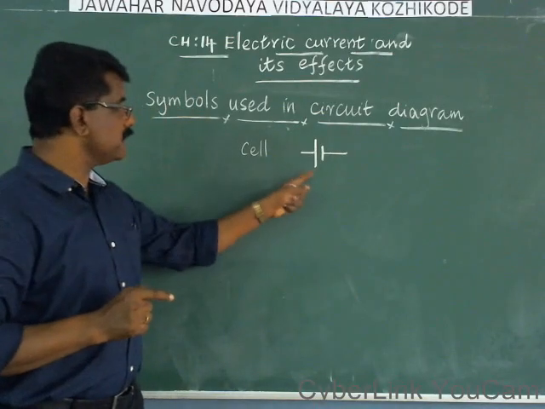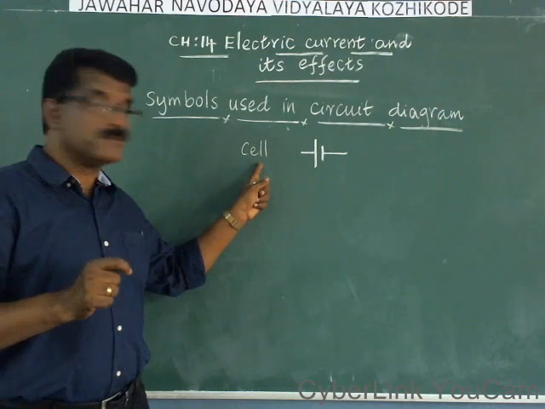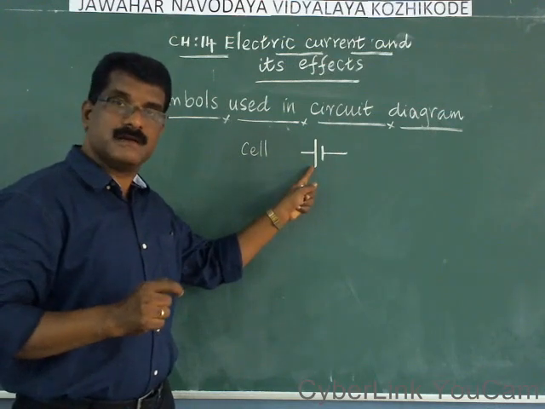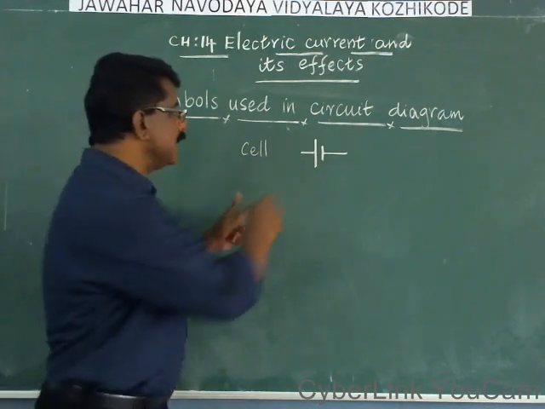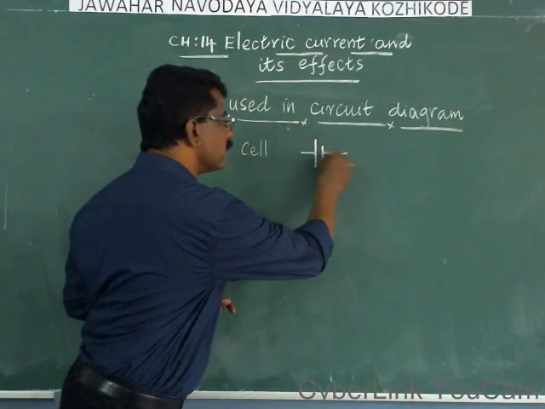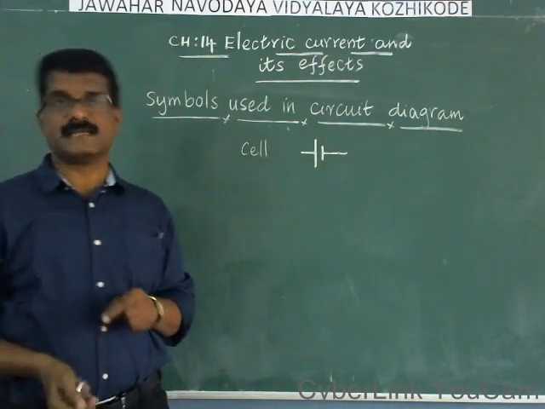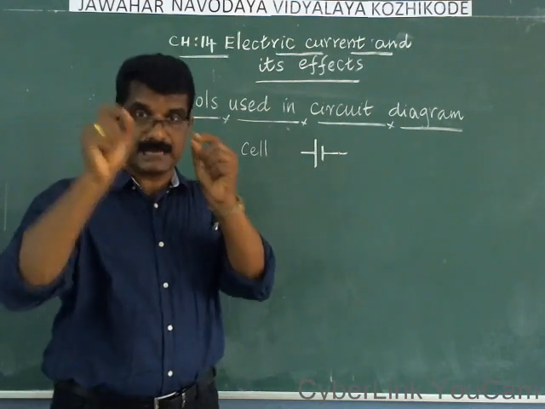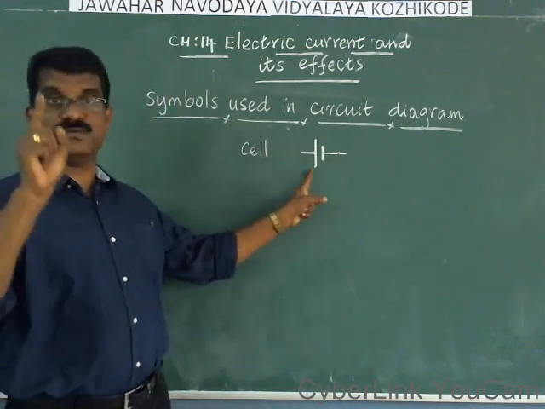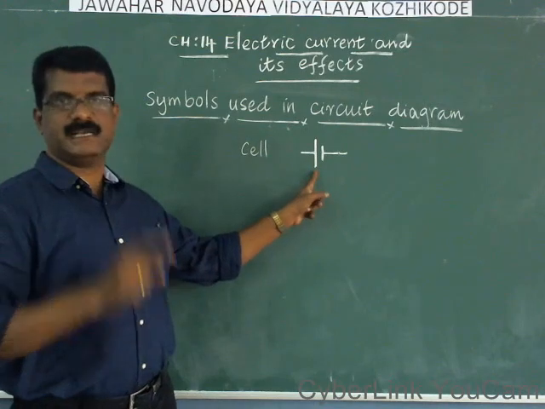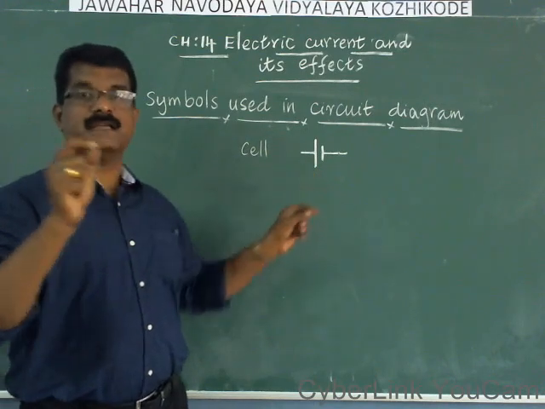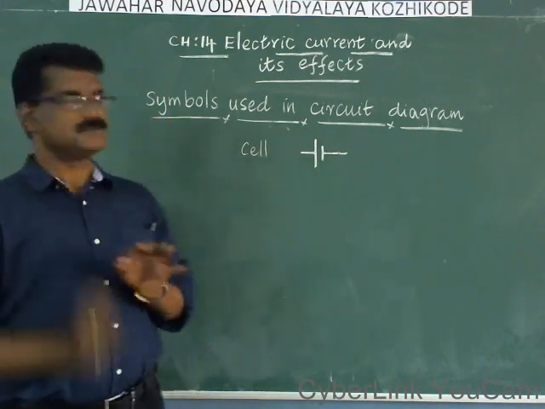A cell can be represented by a longer line followed by a shorter line, and this line of course represents the wire to which the cell is connected. If you see a symbol like this, a longer line with a smaller line, you can say that it is a cell.